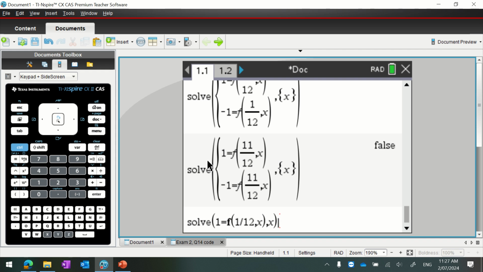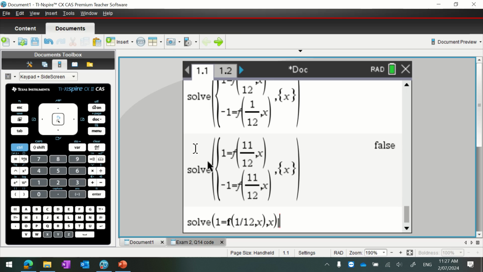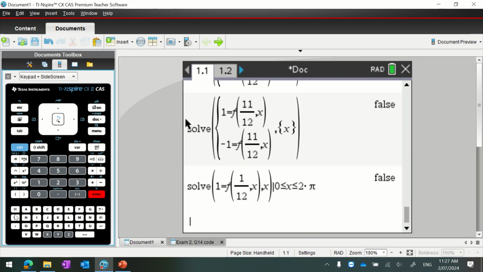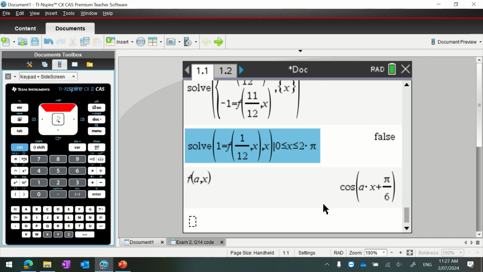So I'm trying this equation, f(x) equals 1, and option A, 1 over 12 is the A value. And then I have the domain. I've done this correctly, and that is false.